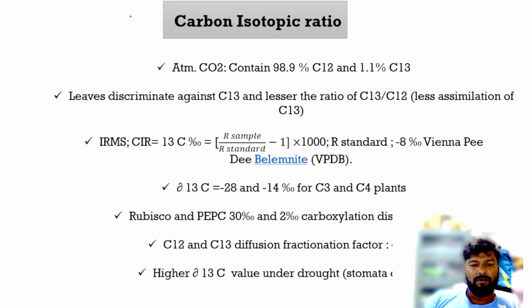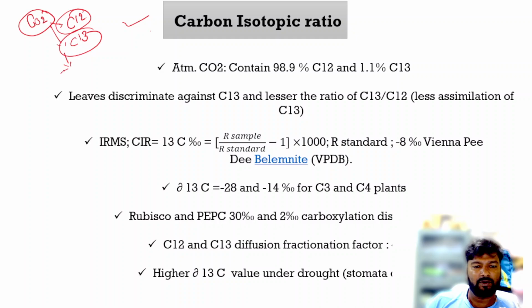Also, in the second lecture, or previous lecture, we already discussed these slides, that in nature there are two types of carbon present, that is C12 and C13. Okay, so these are the isotopes of carbon.